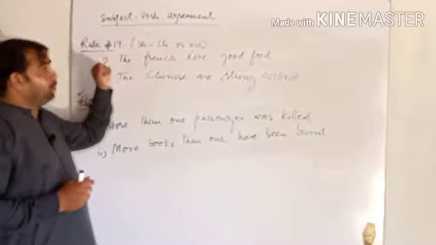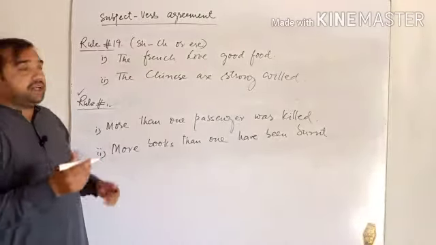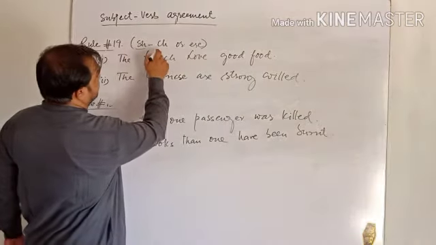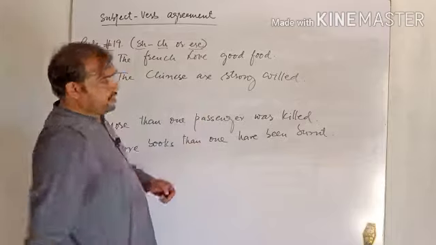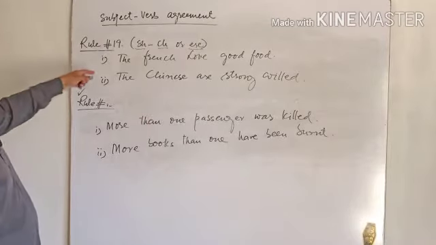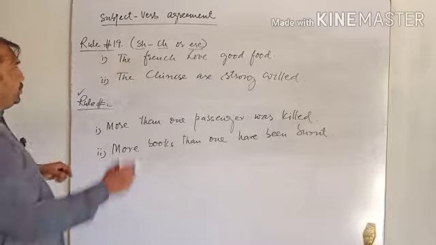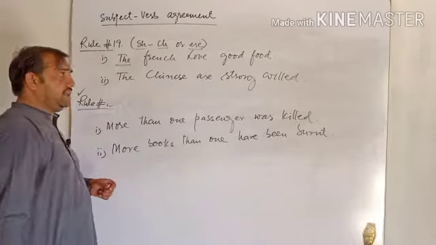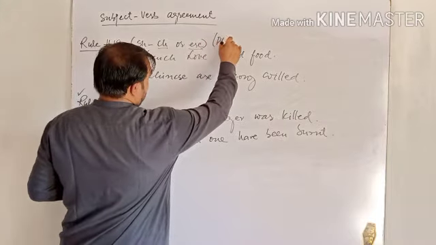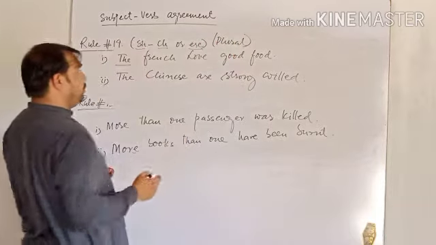According to rule number 19, some of the nationality words that end in ese, ss, ch or es, for suppose French, Chinese, Dutch, they will always be used with the definite article the, and they will always carry a plural verb with them.